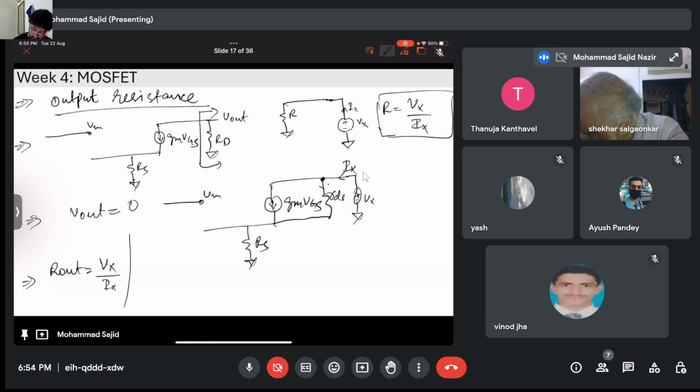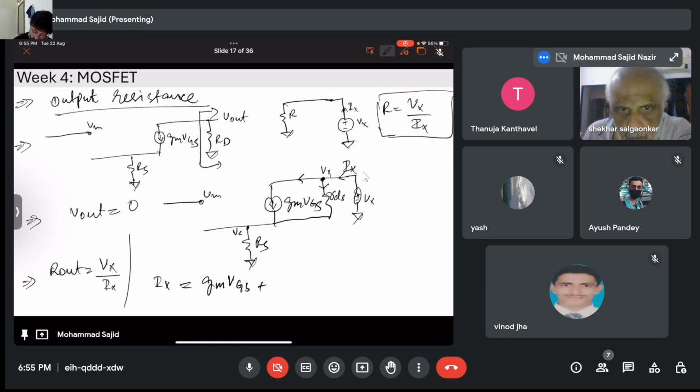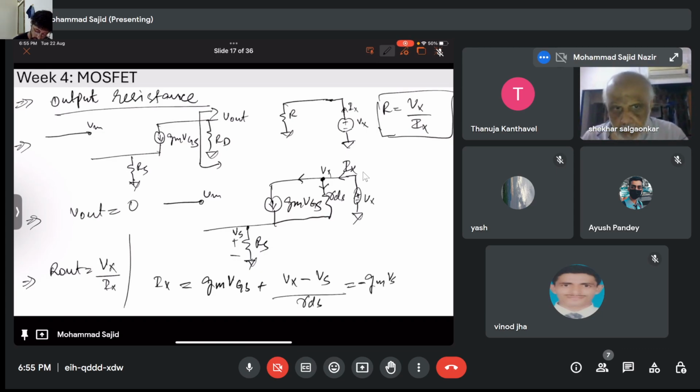KCL at this node. Let's say current is flowing in this direction, current is flowing in this direction. So my Ix, that is incoming, is equal to outgoing currents, that is Gm VGS plus Vx by Rds, where potential here is Vx and potential here is Vs, that is Vx minus Vs by Rds. So this will be Gm minus Vs, because we have to ground it as well to calculate the resistance.